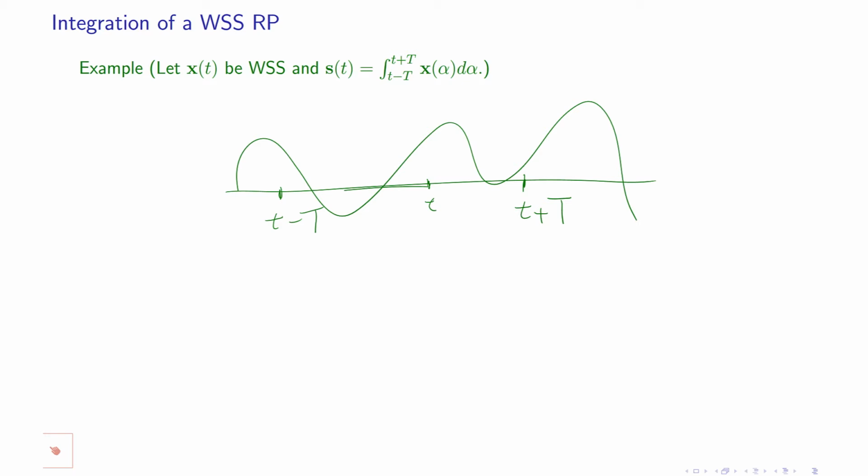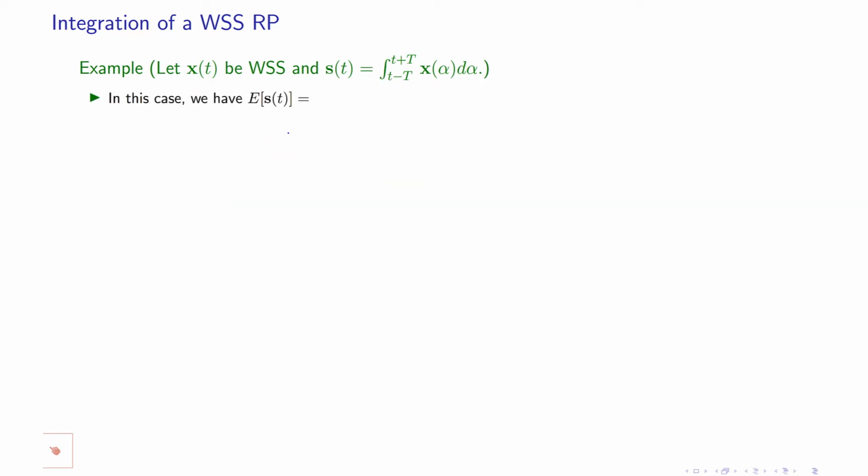The area underneath this function, which is this area, I calculated. So I want to know, if x of t is WSS and s is equal to this integral, I want to calculate properties of s of t, or the cross correlation of s of t and x of t. In this example, we first want to calculate the mean of s of t.